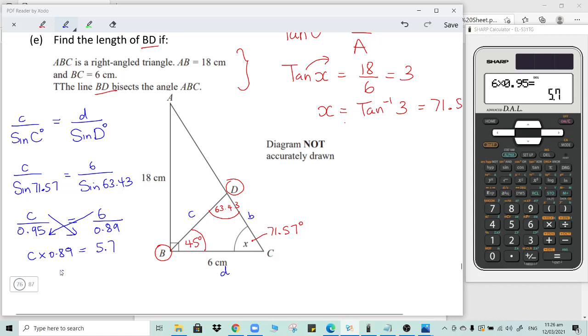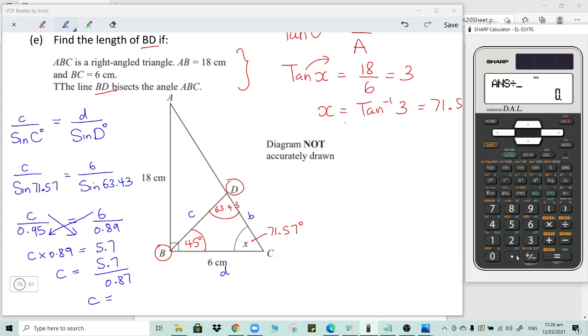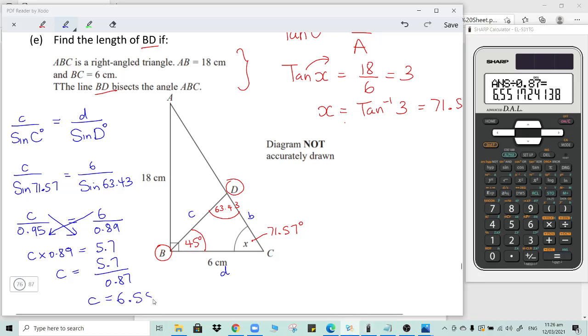We want to solve for C. C is a multiply. Throw it across, you get a divide. So 5.7 divided by 0.89 gives us, oh, I made a mistake here, so it's 0.89.